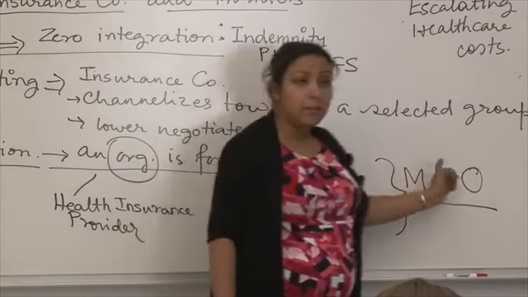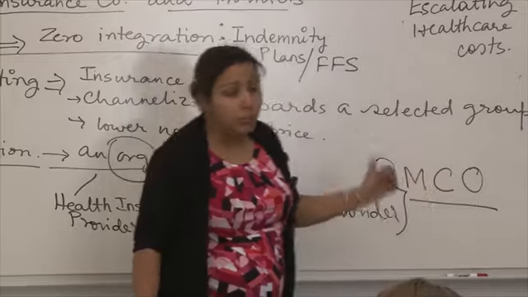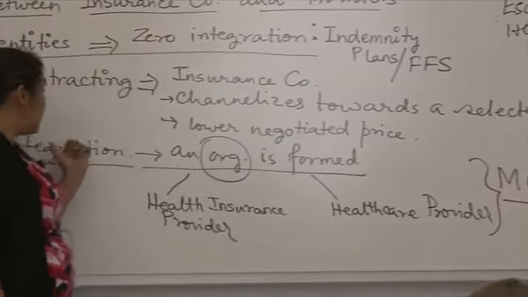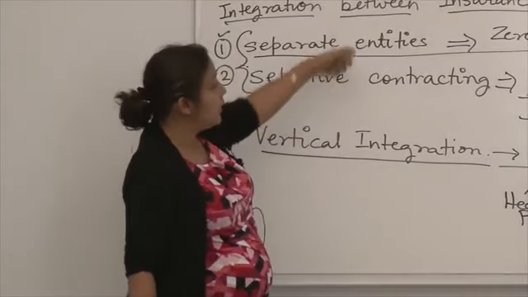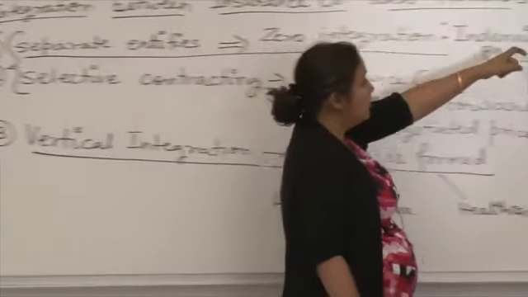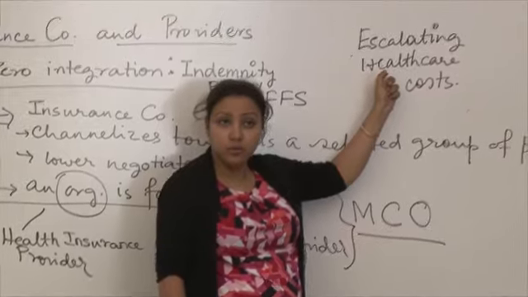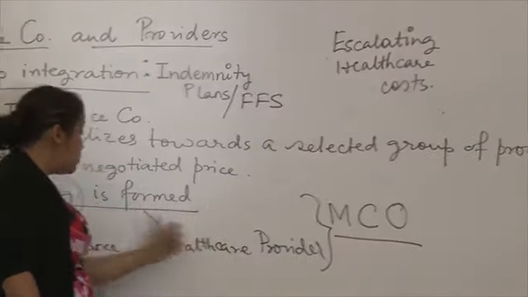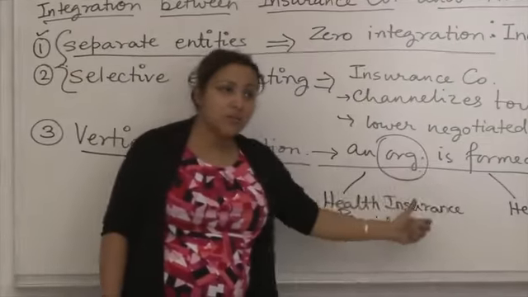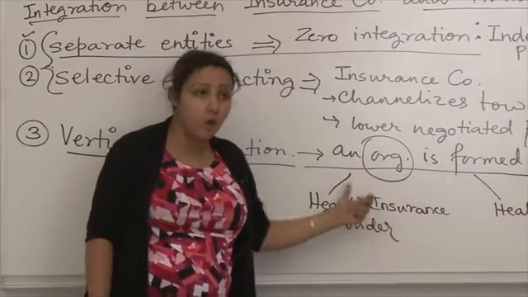But when I started I said that the objective of this vertical integration was to find an answer to the problem that resulted from the first two, which was higher healthcare costs. So obviously, while these two are integrating, there must be something for the patients also.